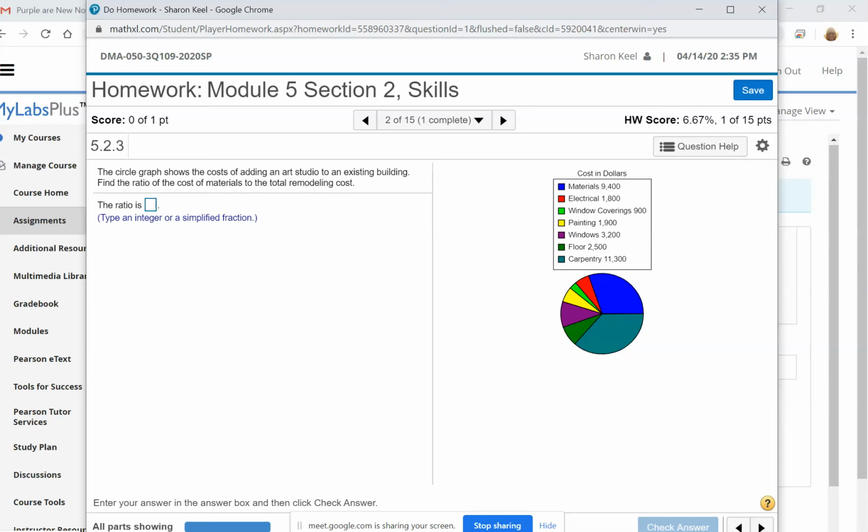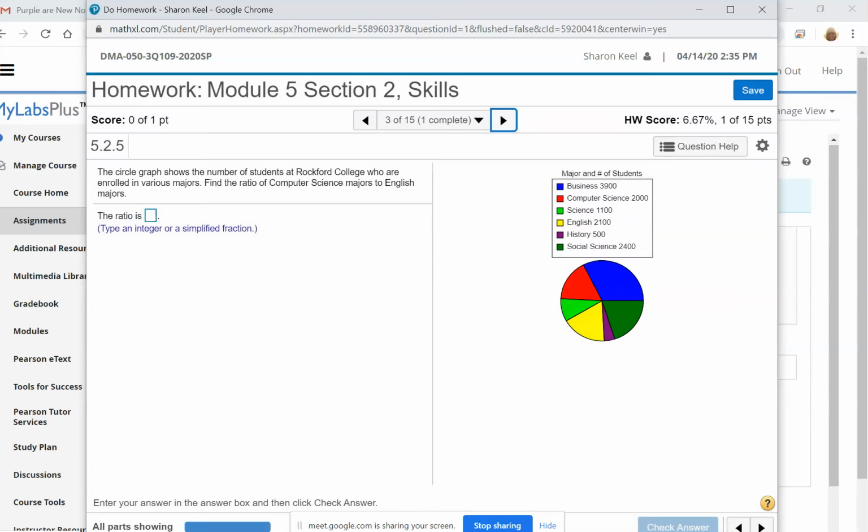So we would do 9,400 over the total remodeling, they don't tell us that amount, but if you add all of these values together and get a total, that's going to be your denominator. So you'd have 9,400 over the total addition of all of those. And then it says type an integer or simplified fraction. So you'd want to reduce your fraction answer for that question.